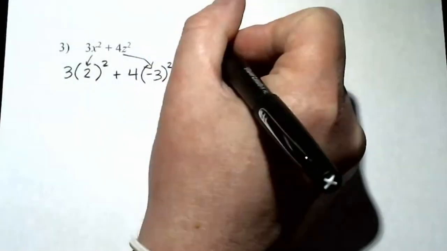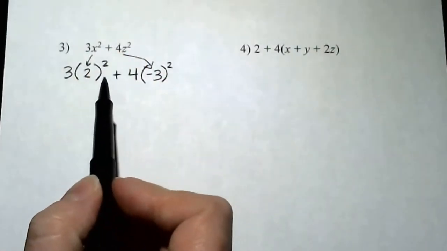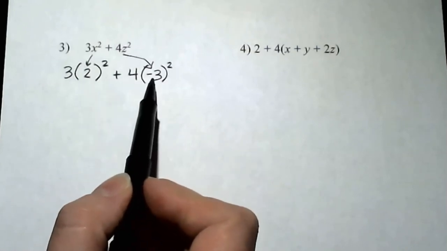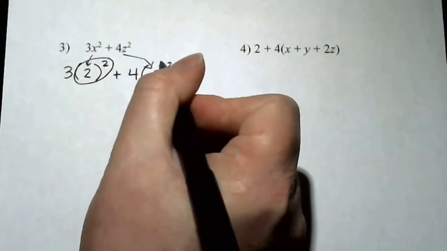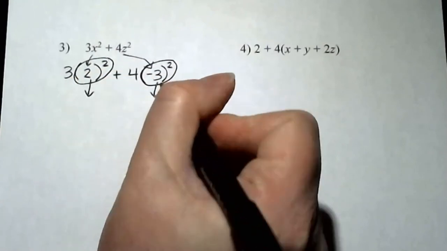Then following the order of operations, I know I need to do inside my parentheses first, but inside I only have a 2 and a negative 3. So I'm going to move on and do the exponents. So this and this will come first.